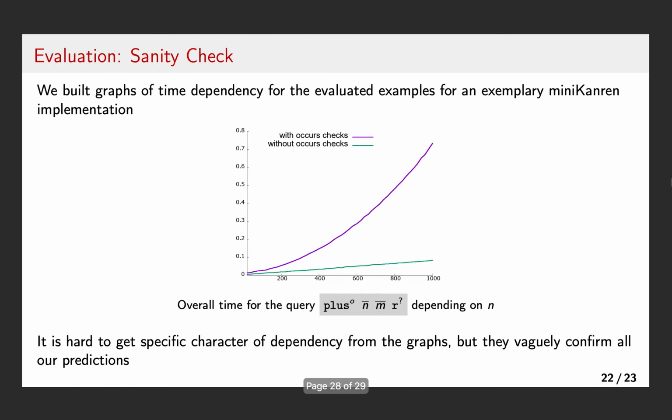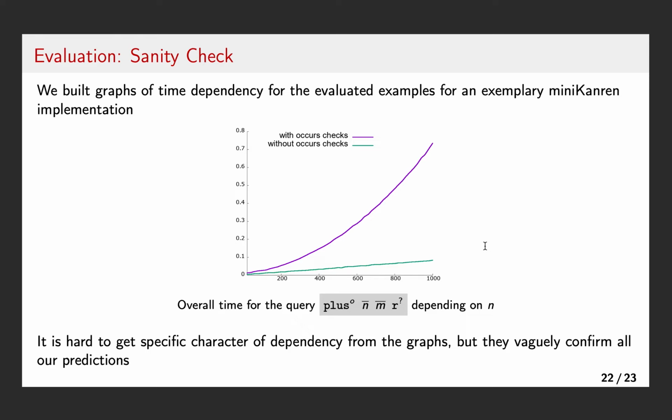For a sanity check, we performed some actual time measuring for these examples for an exemplary implementation of miniKanren. We got graphs like this one for overall time, depending on each parameter for each query.